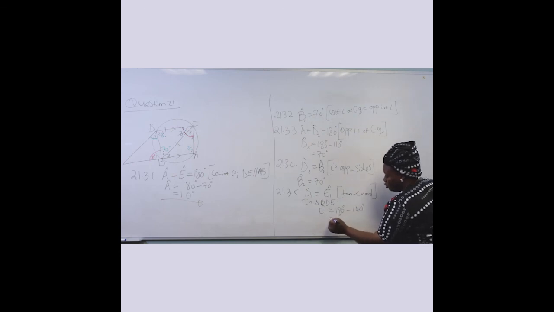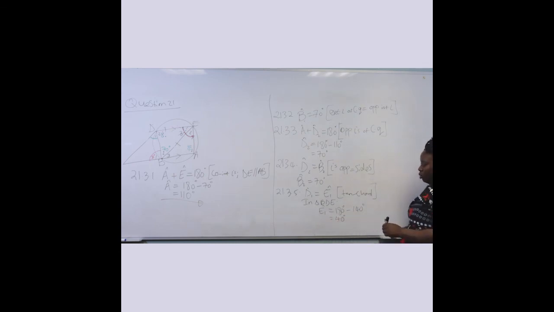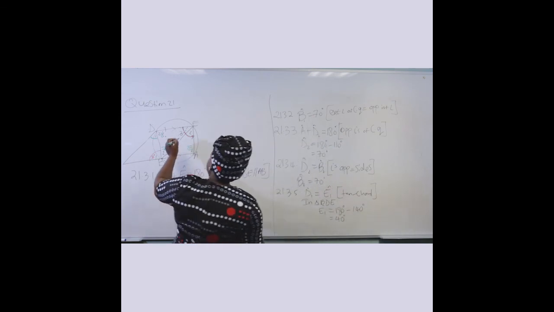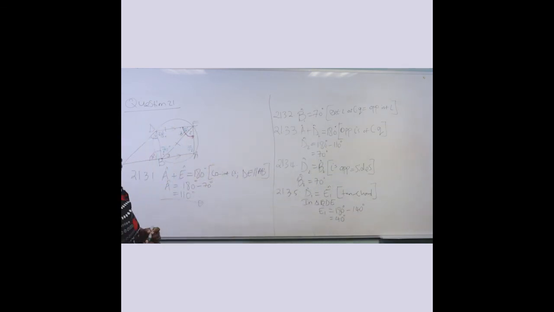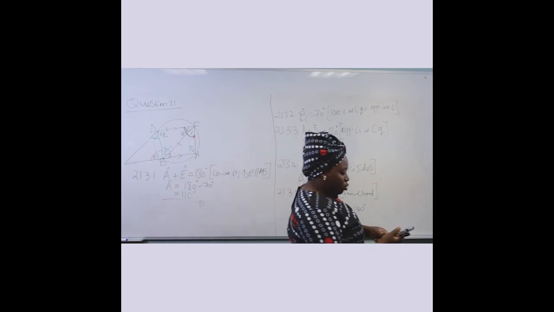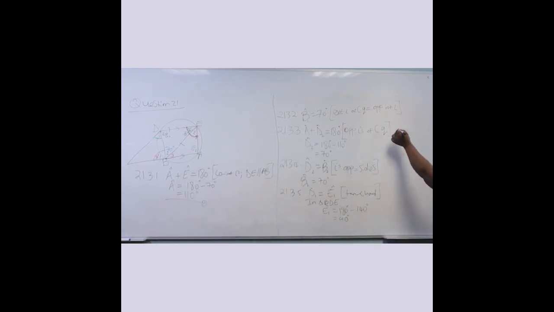Then it means it's going to be equal to 40. So now we know E1 is 40 degrees. Only this E1 is 40 degrees. Now, if E1 is 40 degrees, we said E1 is the same as D1. Therefore, our D1 is going to be 40 degrees as well.